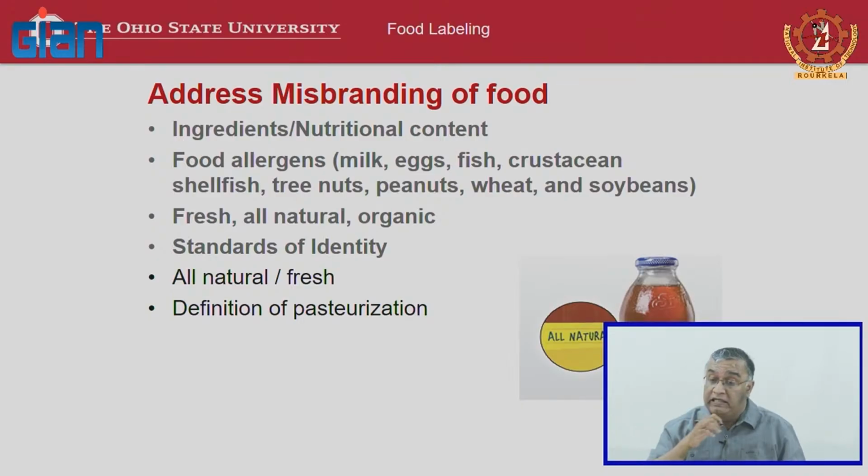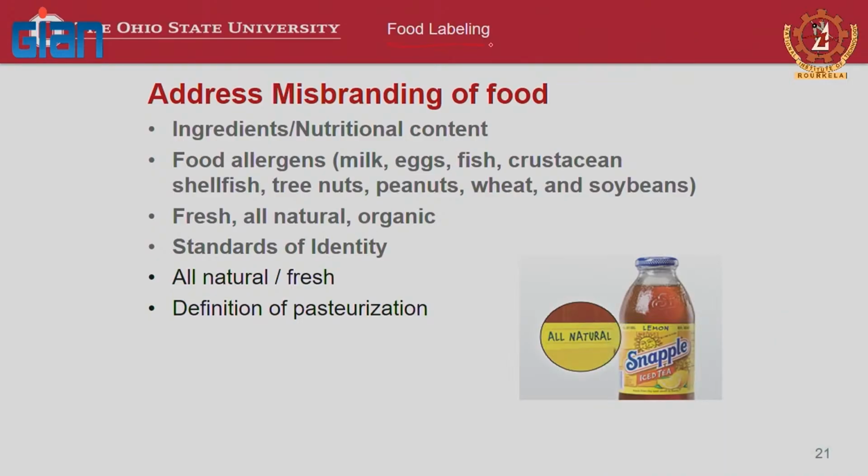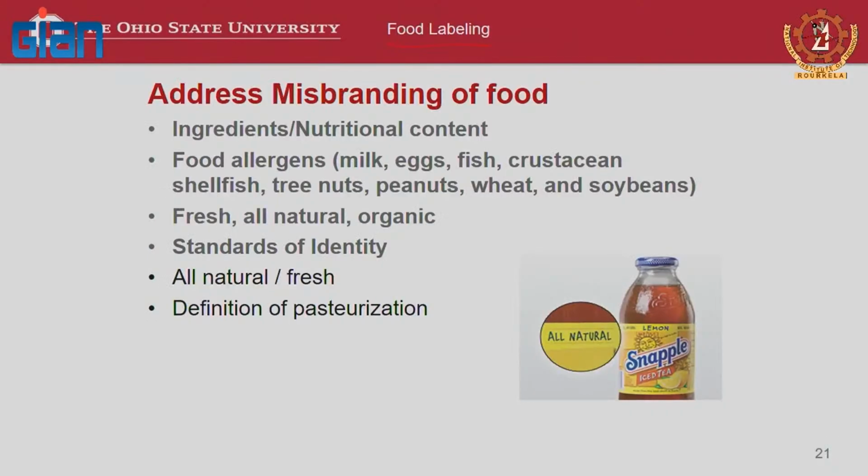The next one is food labeling. What that means is basically Congress wants consumers to get what the food processor says they are buying. In other words, they do not want you to misbrand anything. That means the ingredients and nutrition. That is why there is an ingredient statement and a nutrition statement. If you are going to consume that product, you are going to have certain nutritional value or certain ingredients.